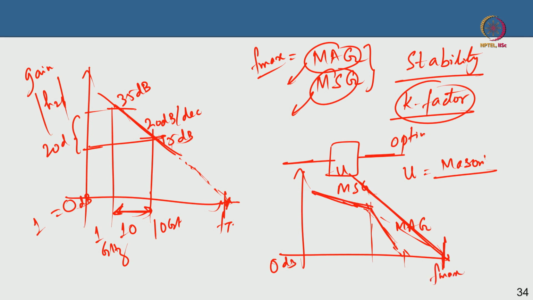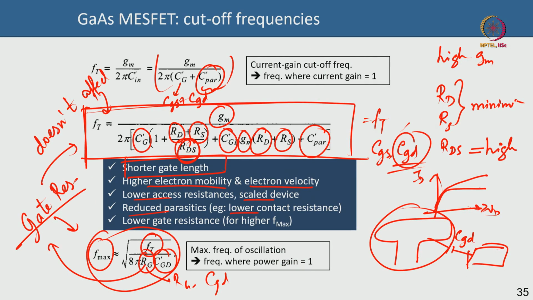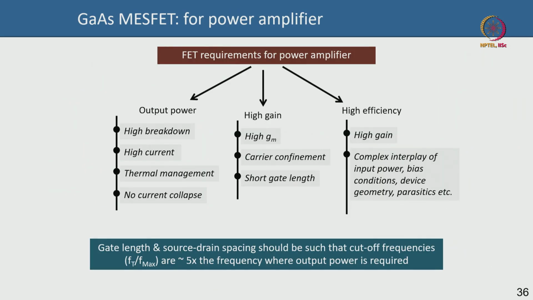But people still plot the MSG MAG to find out how close it is to the U, because that is the nomenclature. So U is the unilateral gain, and this is again measured using S parameter, scattering parameter. We will see how these are measured by the way, okay, but the unilateral gain is measured and it comes to an intercept, that is your Fmax, and this Fmax depends on the gate resistance by the way. Both FT and Fmax are very important for a device, okay. Now that we know all of these things, there are two important applications of a gallium arsenide MESFET.